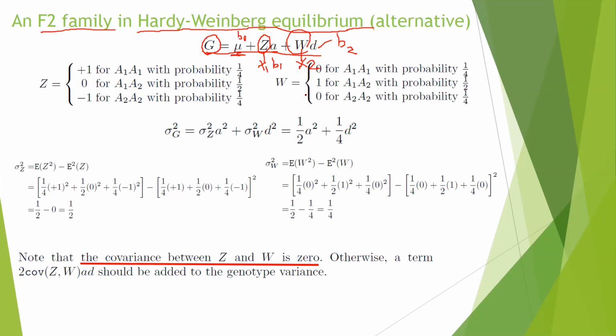Usually we have a single line, with an intercept and a single slope. But here we have two slopes, so just expand your imagination. Instead of two dimensions, we use three dimensions. In this regression model, we have two slopes to test: one for the additive effect and the other for the dominant effect.